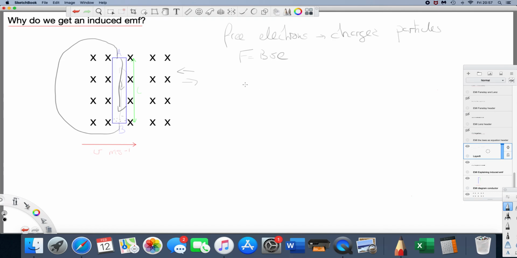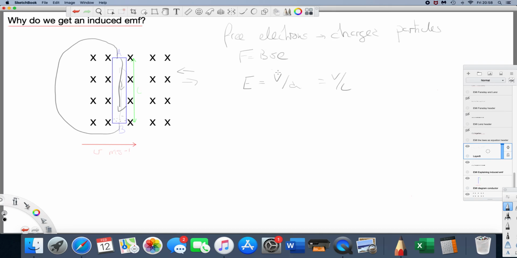You have this, curly E, an electric field strength, V over d of course. And d is L in this case.